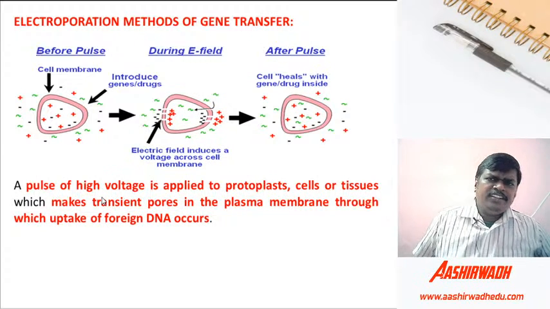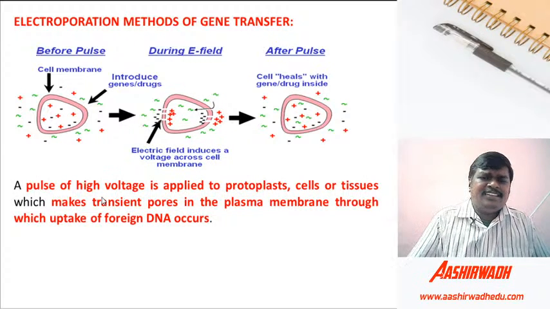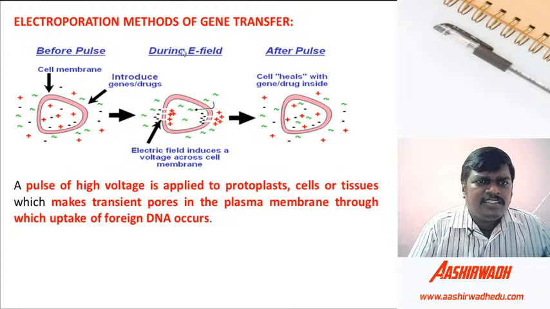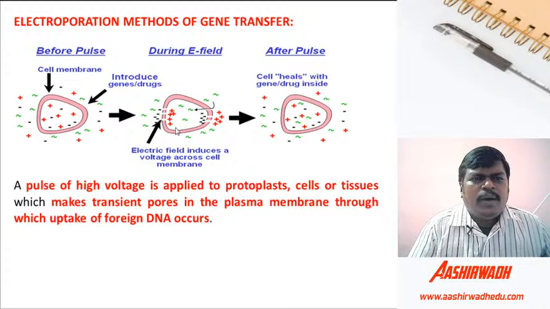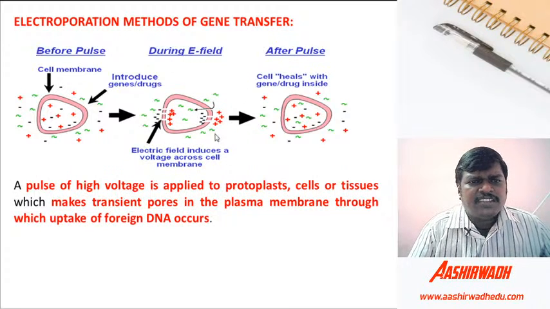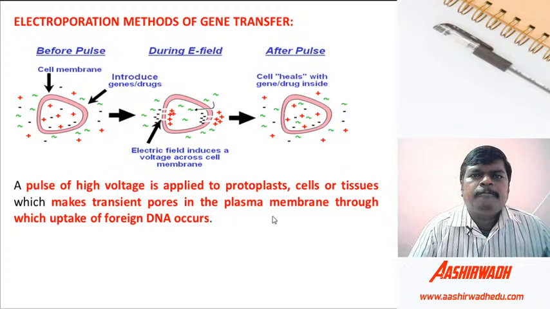When a high voltage is applied, what will happen? It makes a pore in the cell. Can you see it here? The cell will be like that. This is before pulse. During pulse, once the high voltage electric field is applied to the cell membrane, it creates holes, pores will be created.